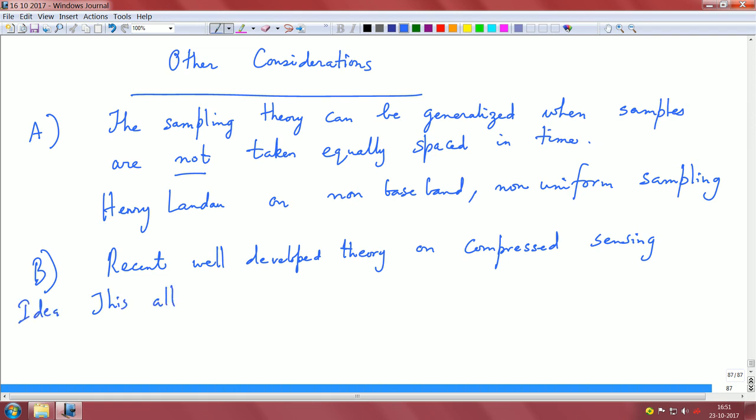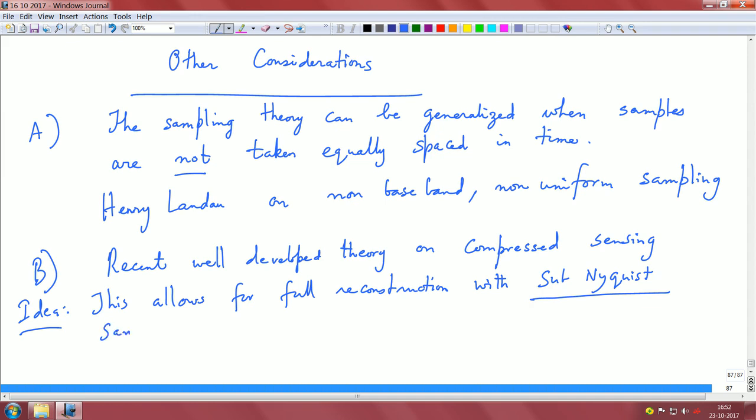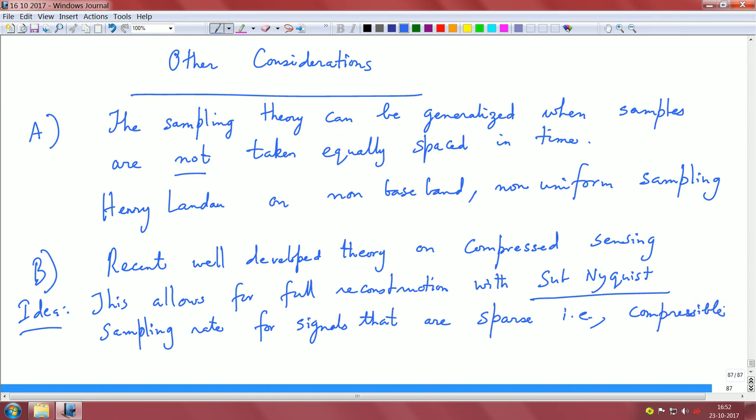The idea is this allows for full reconstruction with sub-Nyquist, this is very important, sampling rate for signals that are sparse, that is they are compressible.